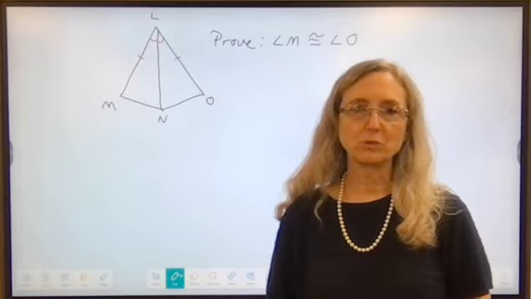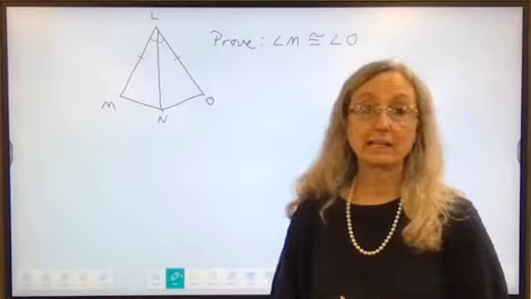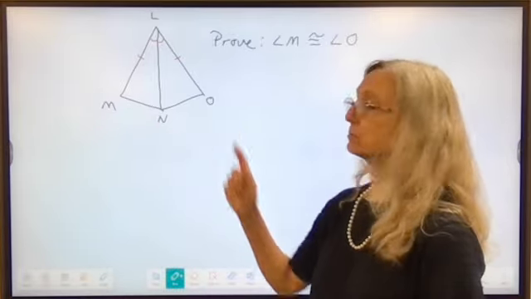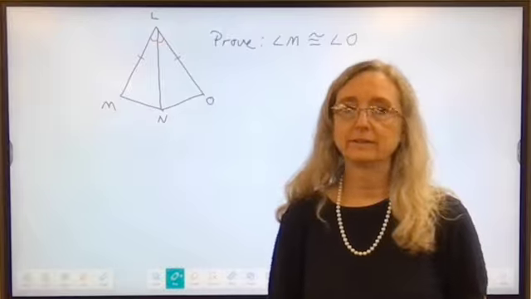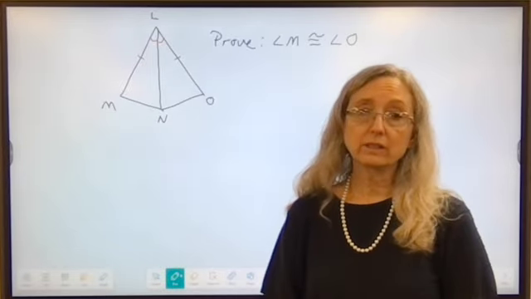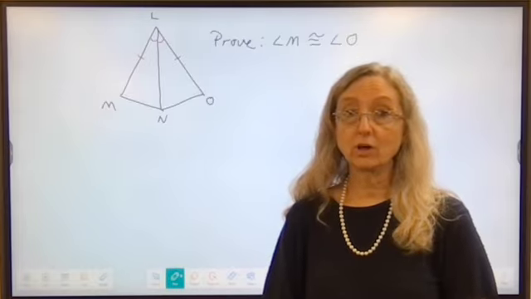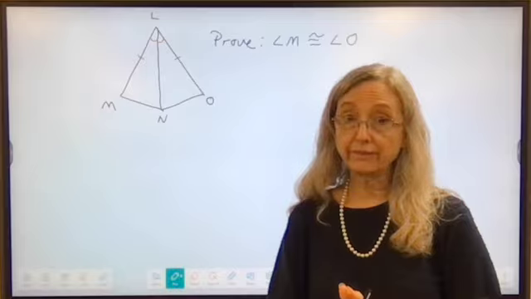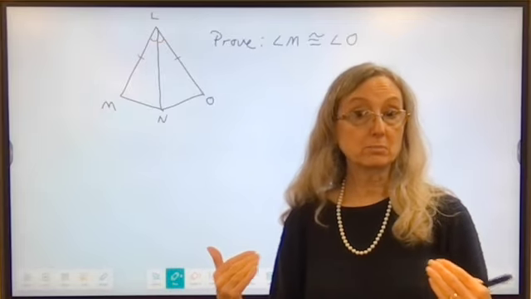Here's a situation that you could run across. I have this diagram, and that's all I've been given, is this diagram. And I've been asked to prove that angle M is congruent to angle O. It's not shown that angle M is congruent to angle O, but if the two triangles are congruent to each other, then they would be corresponding angles.